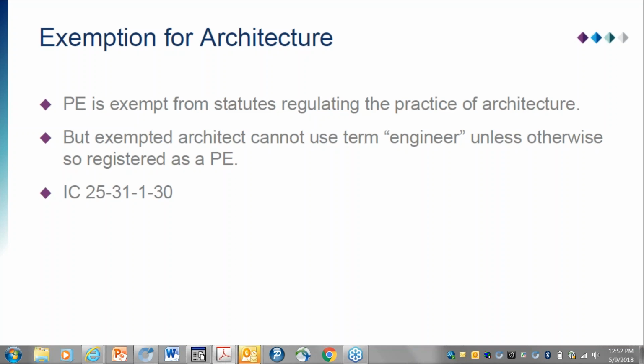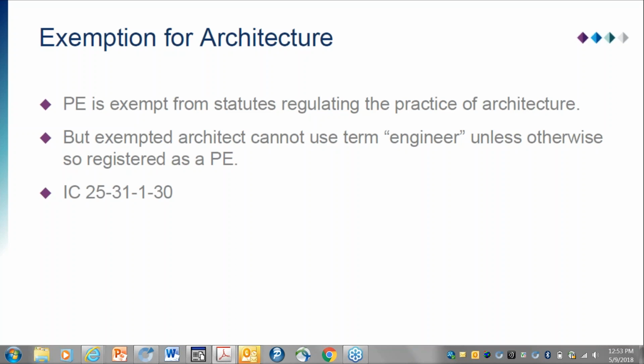Now, professional engineers are exempt from the practice of architecture. What that really means is that you don't have to be licensed as an architect to be a PE. Well, everybody knows that. And it also means that an architect can't use the term engineer unless actually registered as a PE.